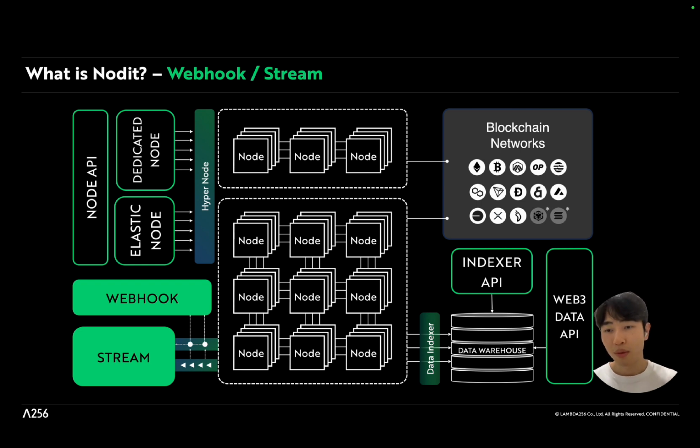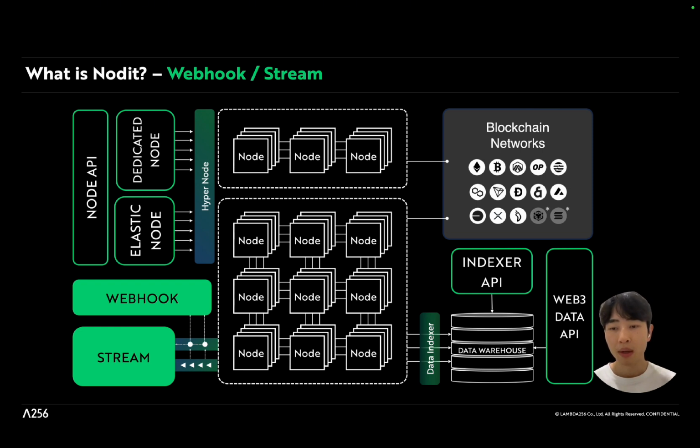And next, Stream. If you want to monitor blockchain activity continuously rather than just reacting, then Stream is the better option. It supports the same event types as webhook, but instead of setting up HTTP callbacks, it opens a persistent stream connection.